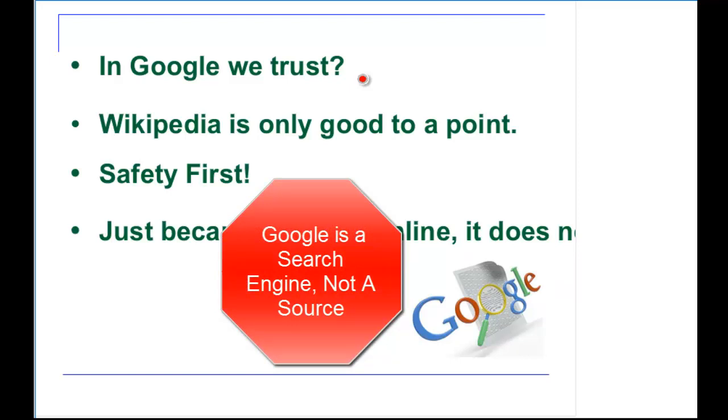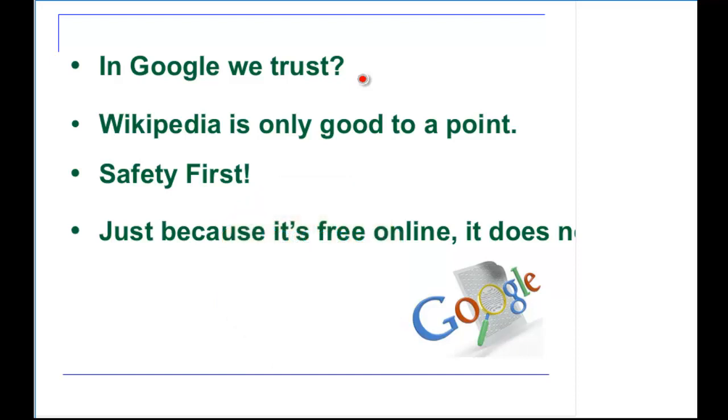Google is a search engine. Google led you to a specific website, whether it be history.com or Torah.org, or wherever you're looking for information. Google led you to a place with information. But Google did not give you the information. Google is just what we're using as the search engine. So we have to remember that Google cannot be counted on to show us necessarily the most factual information.